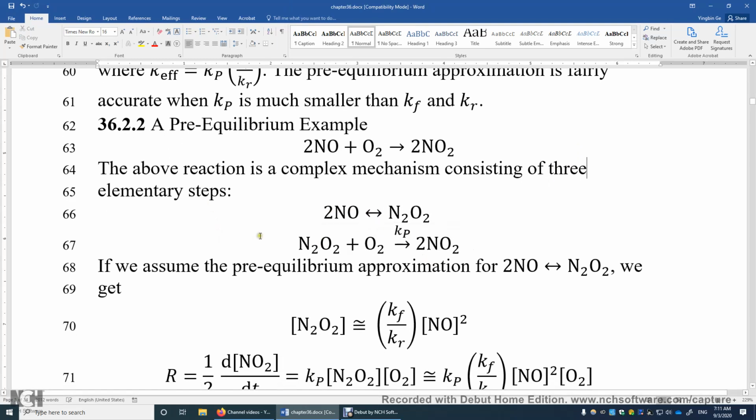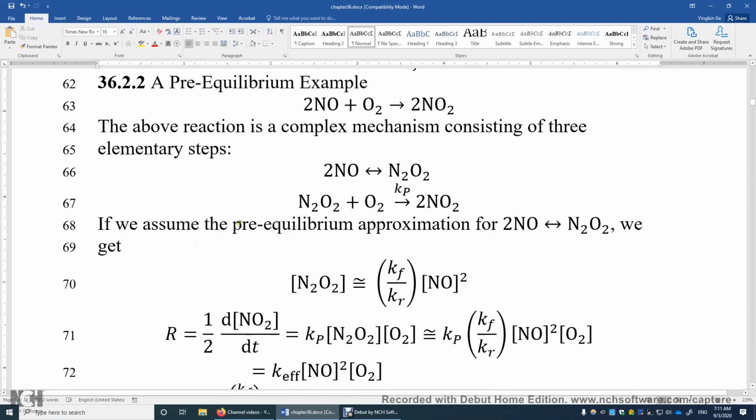So you go from 2NO to N2O2, and you can go backward, and this N2O2 can react with oxygen to form 2NO2. So again, we have 3 elementary steps. The reaction rate constant is Kf going from 2NO to N2O2, and K sub R going backward.